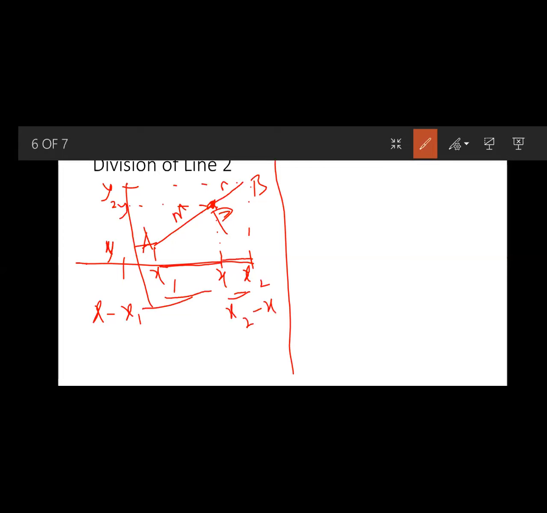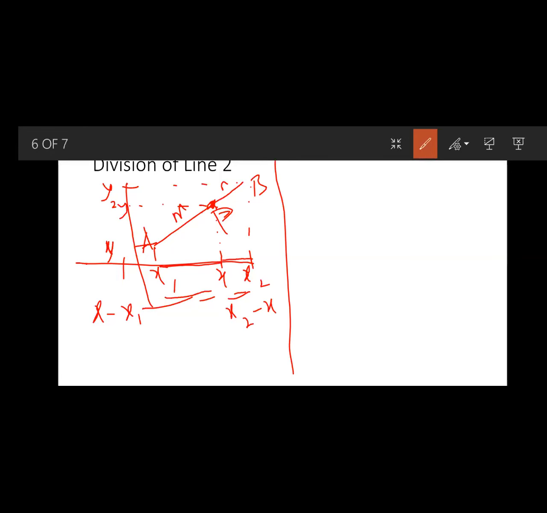So in such a case now, since they are in a particular ratio, ratio can also be expressed as a fraction, a rational function. So it means in this case, the ratio of this to this is equal to m to n, or you express them as a fraction.